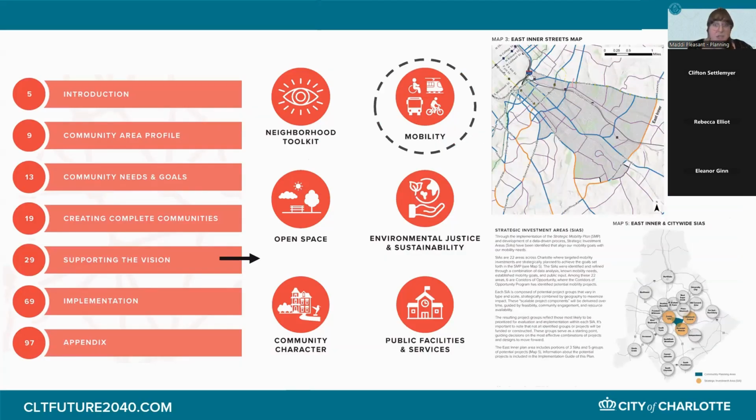The mobility section was actually developed in coordination with our mobility partners, such as CATS, CDOT, and CRTPO, and it restates that Goal 5, safe and equitable mobility, is important across Charlotte. It also includes a clip of our citywide streets map, which outlines the future cross-section for arterial streets in Charlotte. Smaller streets would be informed by UDO regulations.